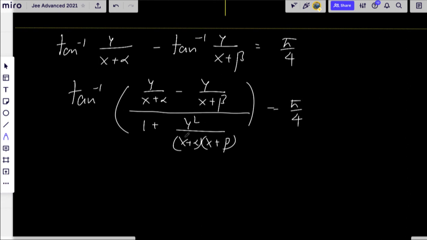As tan pi by 4 is 1, simply we get y into (beta minus alpha).